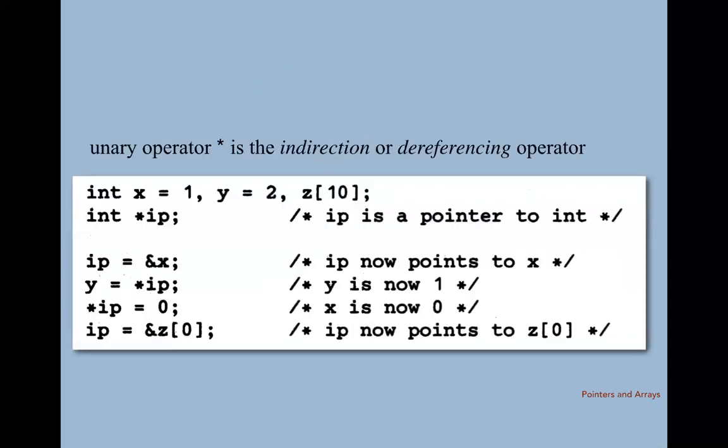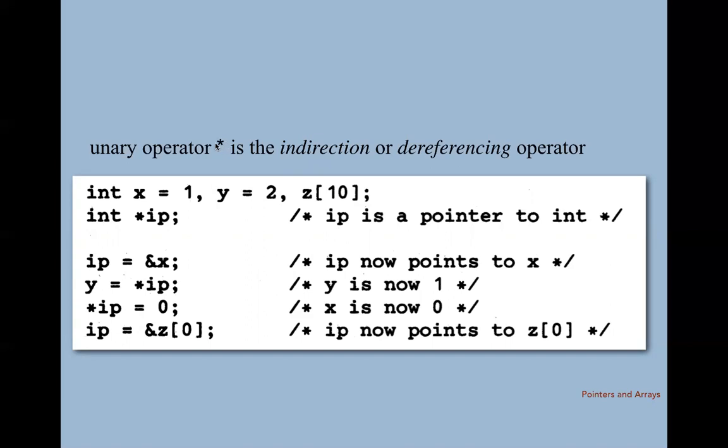Now, we saw the unary operator ampersand, which is the address of operator. Another unary operator you will have to understand for pointers is star.